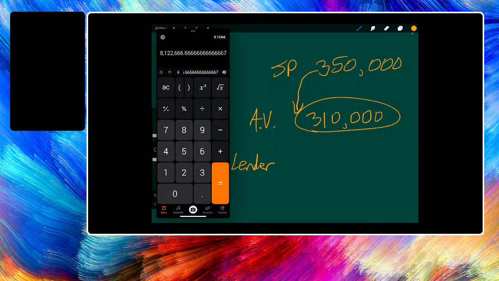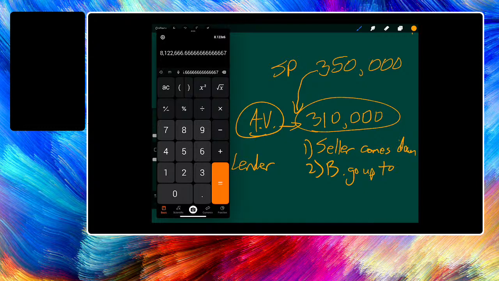The 3 possible solutions when something appraises for less than what the sale price is, 3 possibilities. Either the seller comes down all the way to the appraised value. The buyer could put more down payment in and go up to the sale price to make up the difference, because the lender doesn't care.